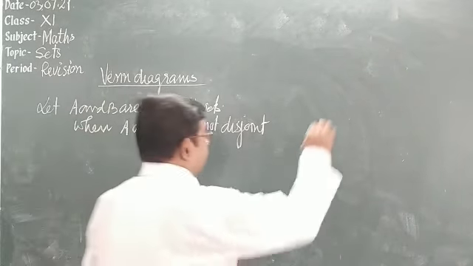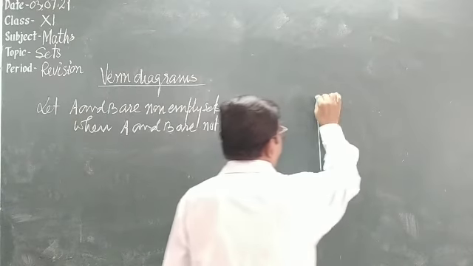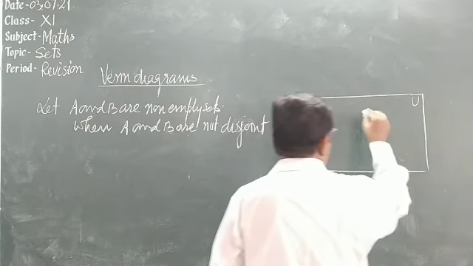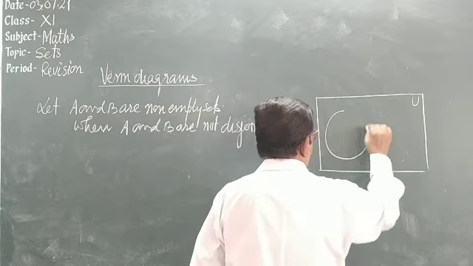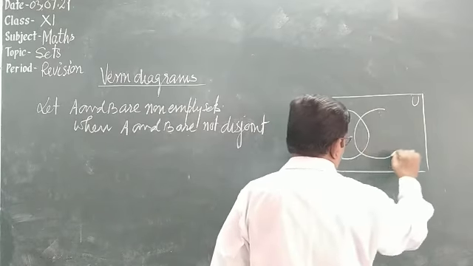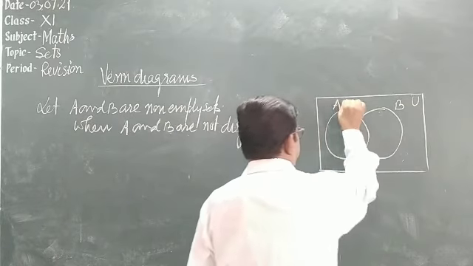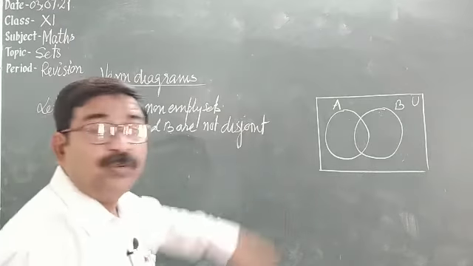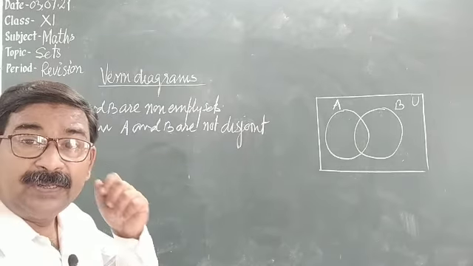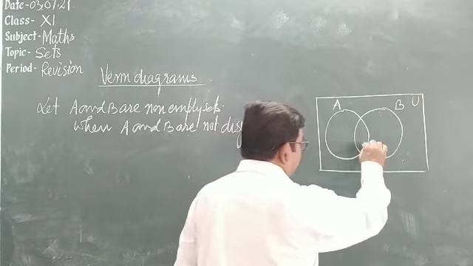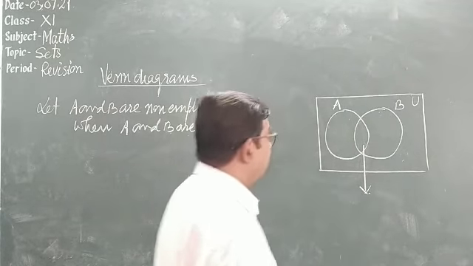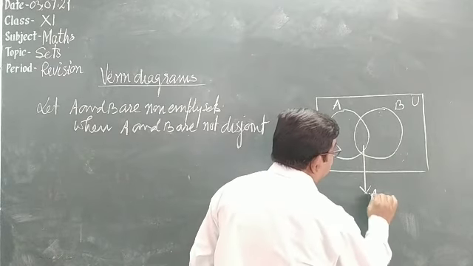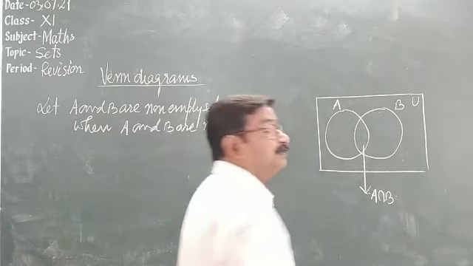So let's see the diagram. This is the universal set. This one is set A. This one is set B. Not disjoint means they must have some common elements. So this portion of the circles which is common to both circles is the common portion. This is A intersection B.